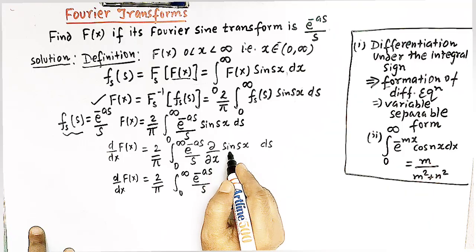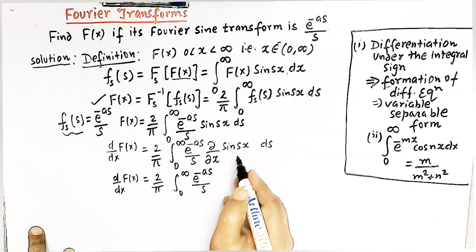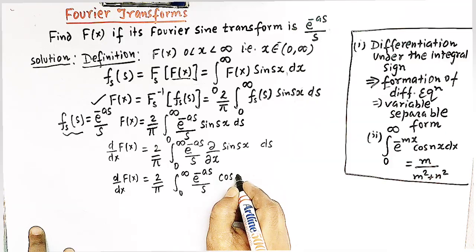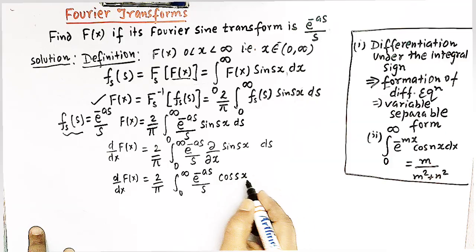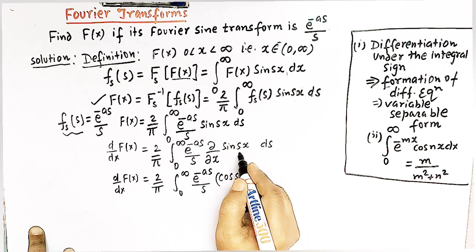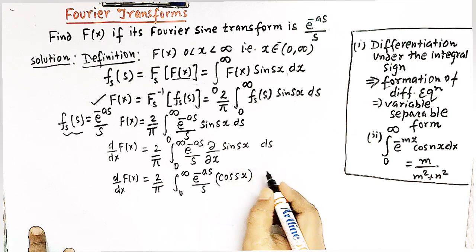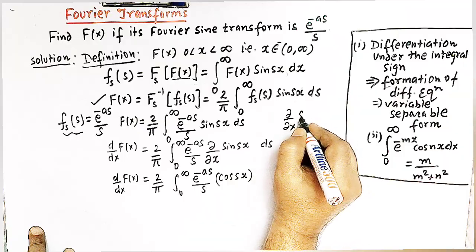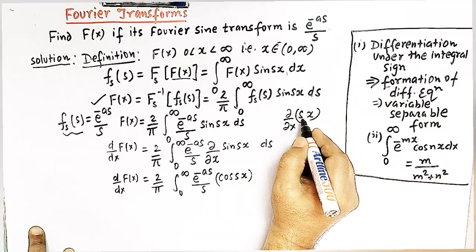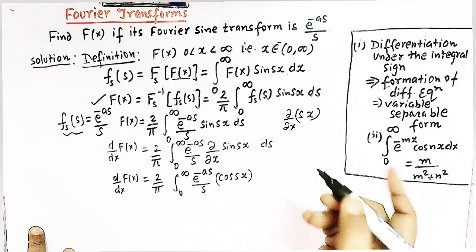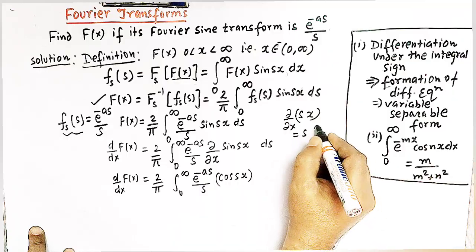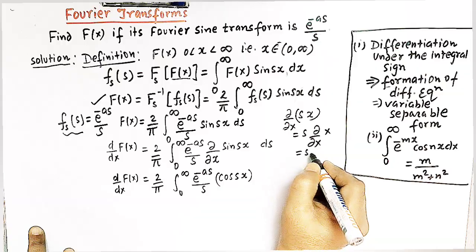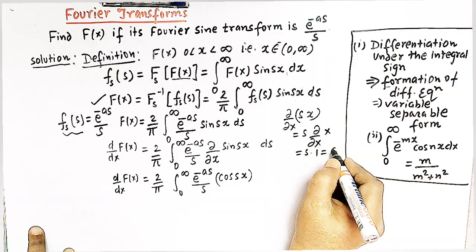Now the derivative of sine s times x with respect to x is cosine s times x, and by using the chain rule, the derivative del by del x of s times x, keeping s as a constant, is s times del over del x of x, that is s times 1, which is equal to s.